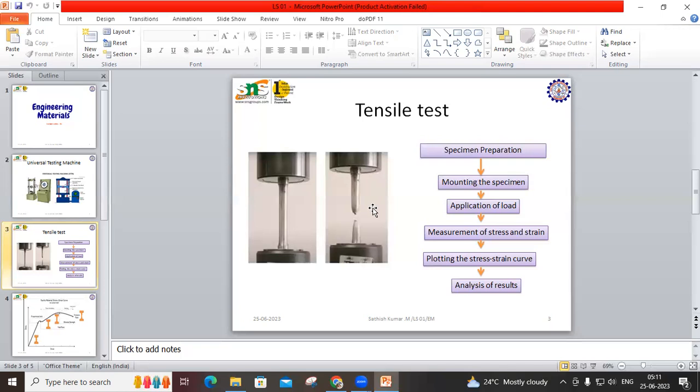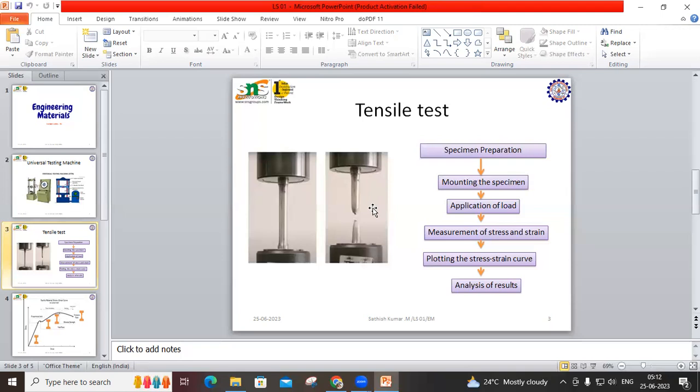During the test, various mechanical properties and behavior of materials can be measured and analyzed. So we have a step-by-step description of a typical tensile test. The first step is to prepare a standardized specimen according to standards.